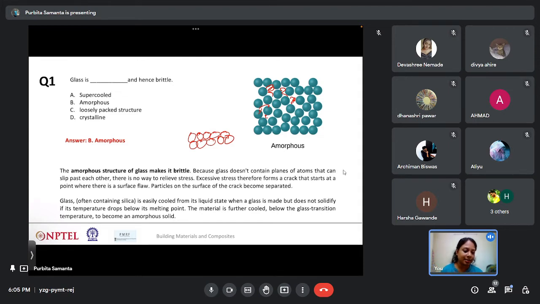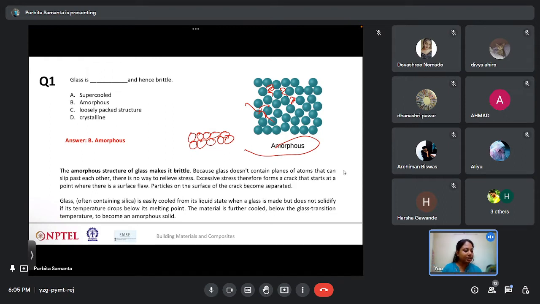Since glass doesn't contain planes of atoms that can slip past each other, the stress is not released. When excessive stress accumulates, cracks are formed, and that is how the glass separates, cracks or breaks. So this amorphous structure gives the glass its brittleness.